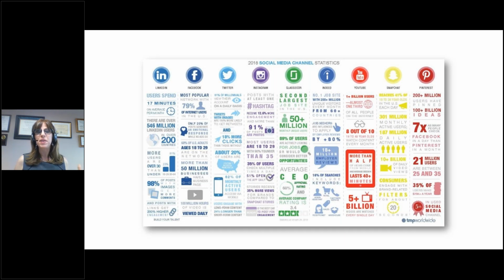Actually, it is right behind LinkedIn as the second largest job site in the world. So keep in mind your definition of social media needs to expand. So you've got Yelp, you've got Quora, you've got OpenTable, anything that has the shareability component to it, and that gives the user the ability to produce content that is a social platform. So when I speak of social media, I'm not just talking about Facebook, LinkedIn, and Twitter.